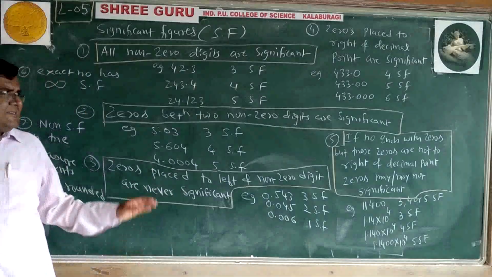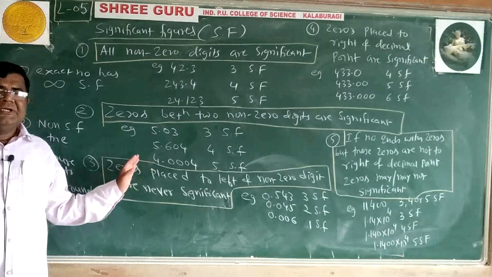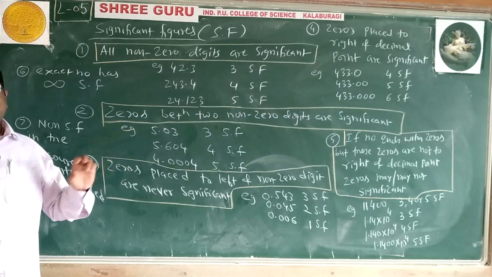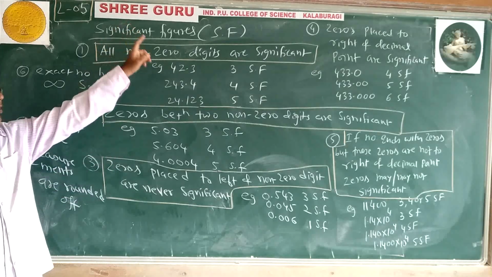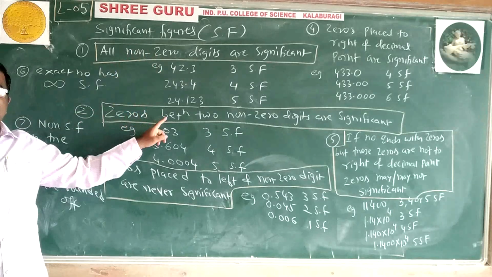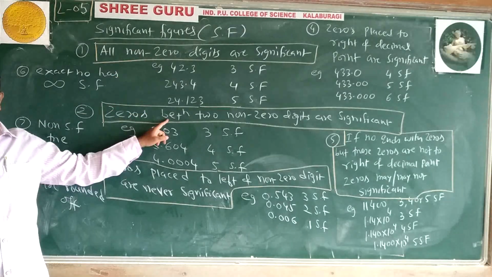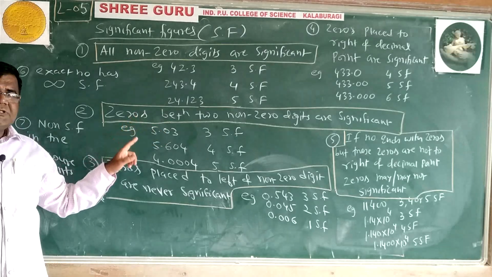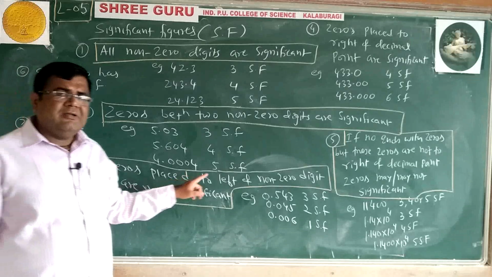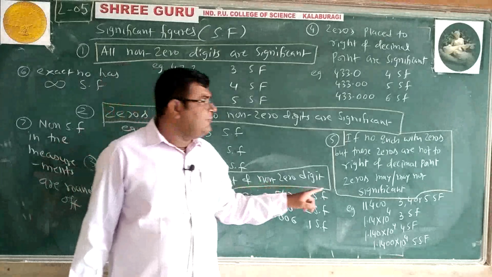But these 5 rules are very important and they are applied to count the significant figures in a number. All non-zero digits are significant. Zeros between two non-zero digits are significant. The zeros placed to the left of a non-zero digit are never significant.